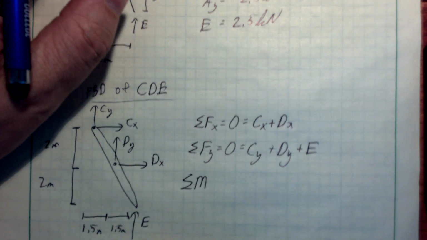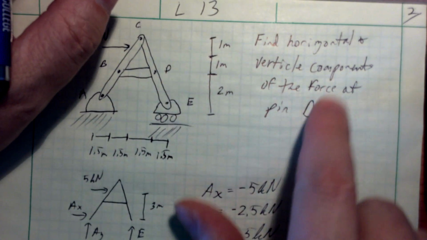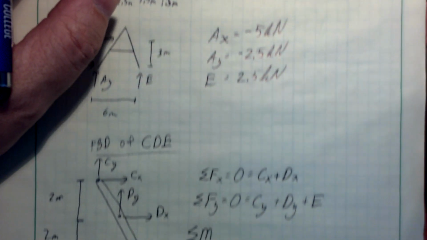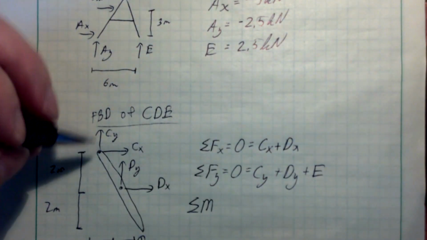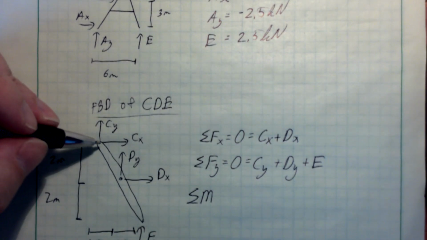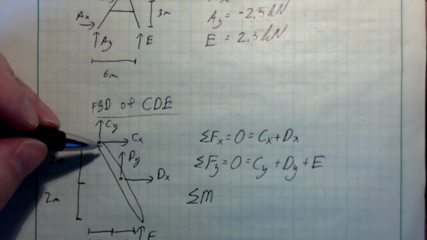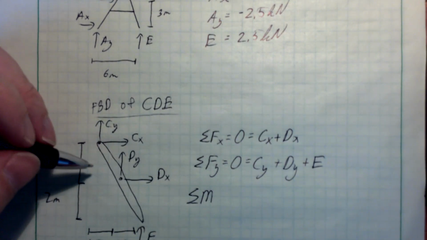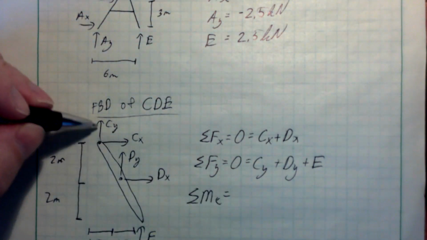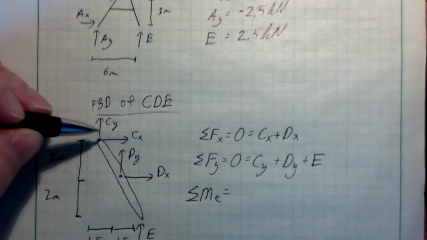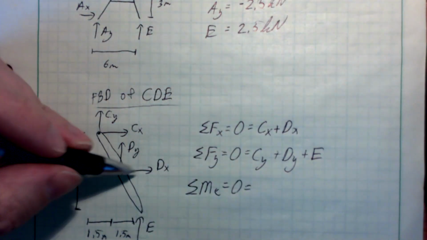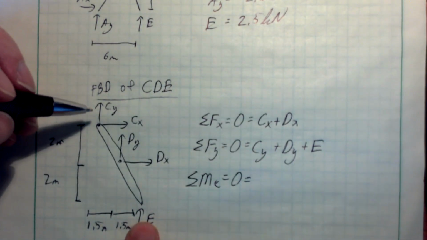But remember, we're looking for the horizontal and vertical components at point D. Truth be told, I'm not so concerned about the forces at point C. So if I take my sum of moments about point C, these unknowns both pass through point C, so they cause no moment. I'm going to get an equation with just these two unknowns in it and this one known quantity.